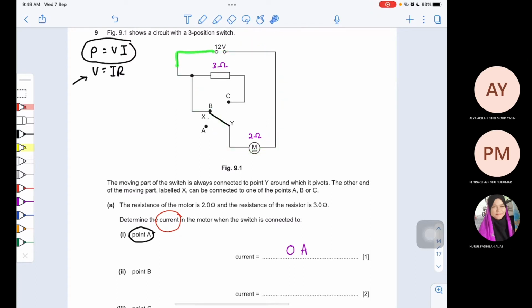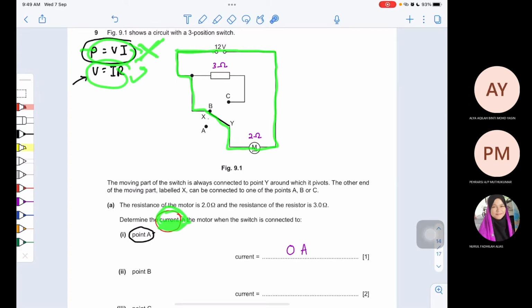Current flows here, then here, here. So that's the flow of current. Now, what's the question wants the current. Jadi what's the formula of current? So kita ada two formula yang we can recall. So power and voltage. Tapi sekarang power ni macam tak relevant. We don't talk about power. So we can use V equals to IR maybe.